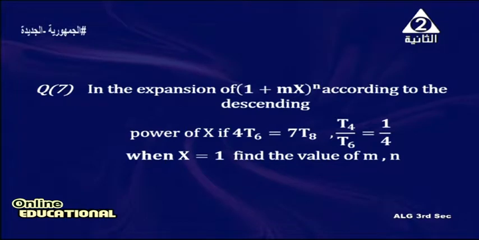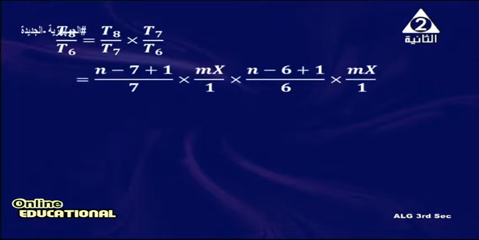Look at, my dear student, we divide: t8 over t6 equals t8 over t7 times t7 over t6. In this rule, when finding the relation between t8 over t7, it is (n − 7 + 1) over 7, multiplied by second term over first term, mx over 1.